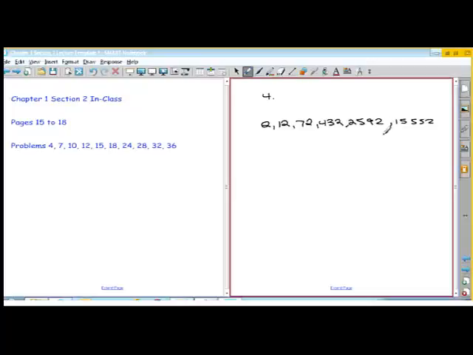Because I didn't use my calculator, so I'm relying on it looking in the ballpark. Okay, so we didn't write it down, but it's geometric, common ratio 6. If the difference between successive terms was a constant, then it would be arithmetic, and you just add the number. You wouldn't multiply the number.